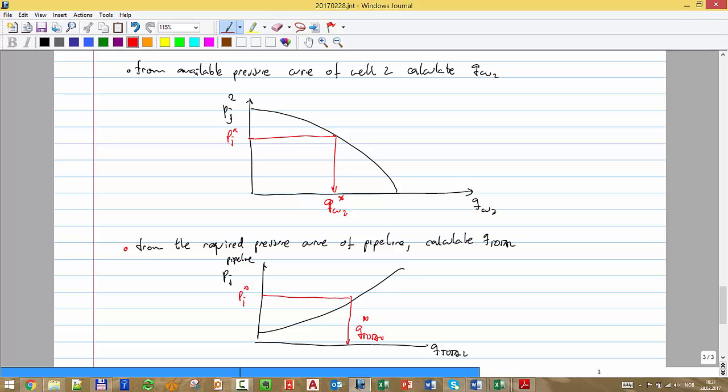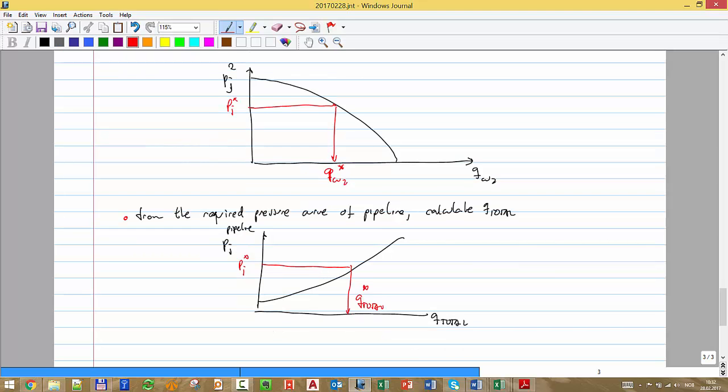But then what has to be true? Mass conservation in the junction: Q well 1 star plus Q well 2 star has to be equal to Q total.